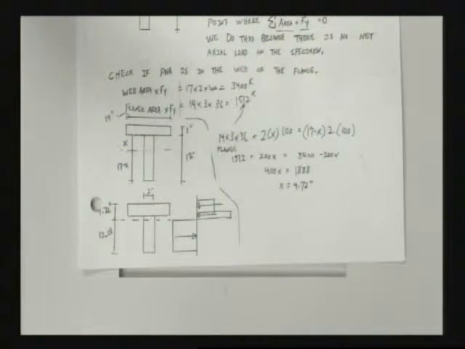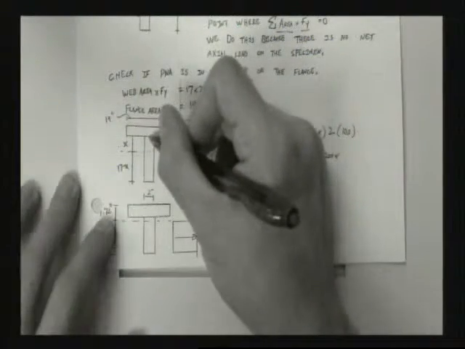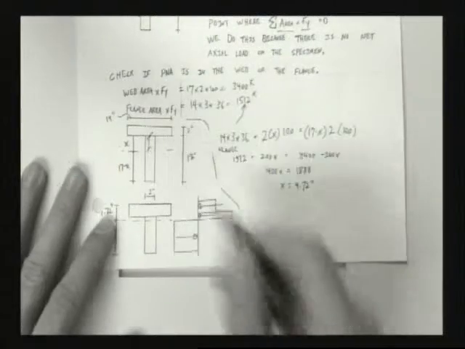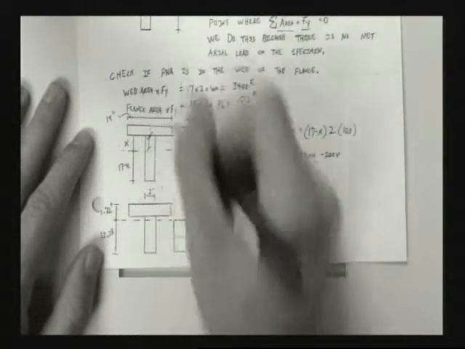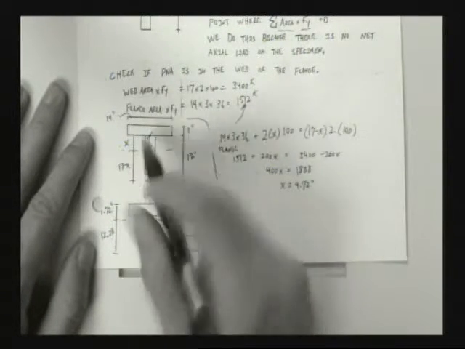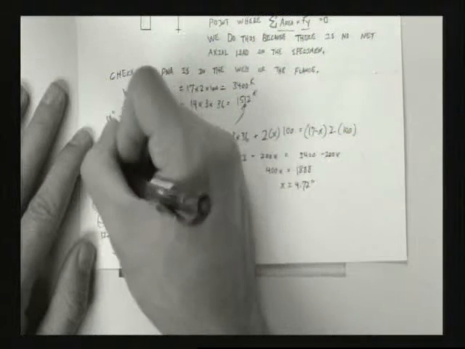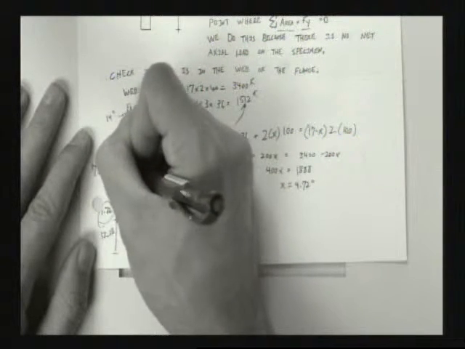That is the distance from what? From there, right? Distance from the interface between the web and the flange, that distance is 4.72. So if I want to find this magical distance on my cross section, it's 4.72 plus 3, which is 7.72 inches.